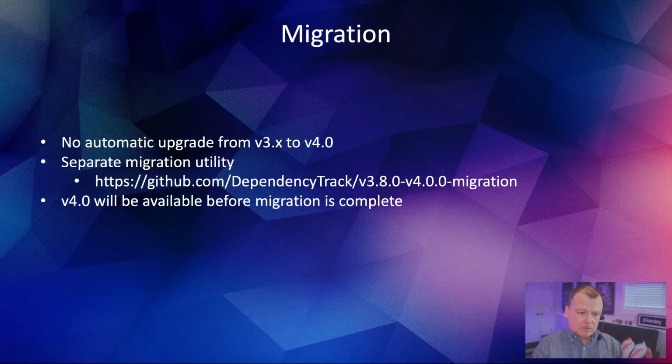Obviously, backups are highly recommended. But it also means that we can quickly fix and release new versions of that migration utility completely independent of Dependency-Track. So that is a completely independent project without any coupling or requirement of 4.0.